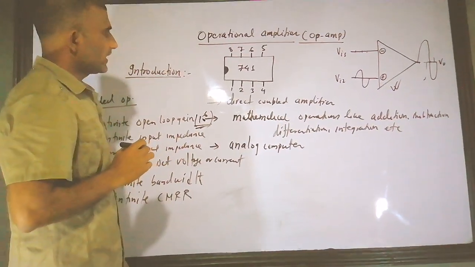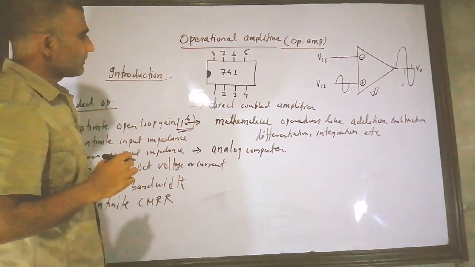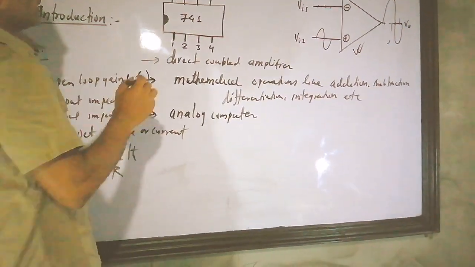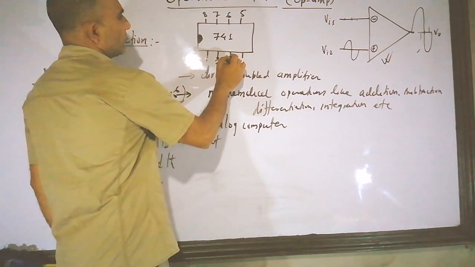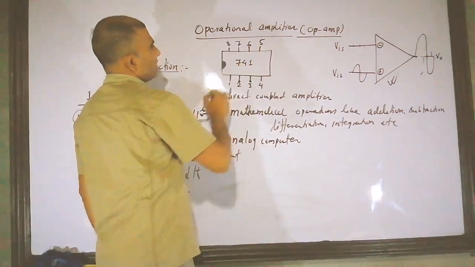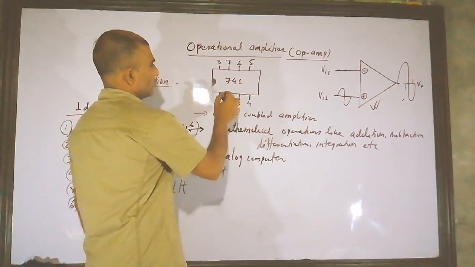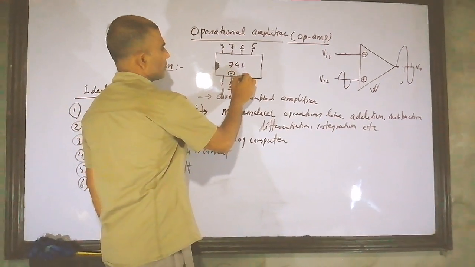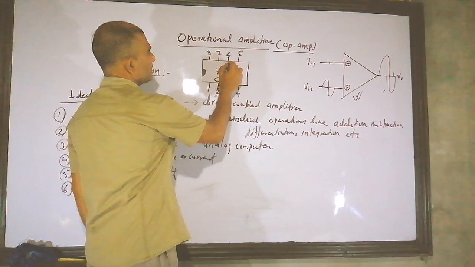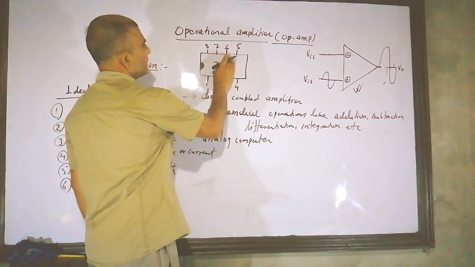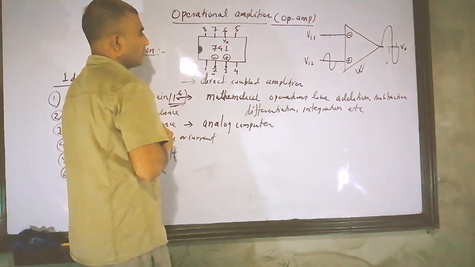These are the 8 pins of the IC, and the different pins have different functions. Here we are concerned with pin numbers 2, 3 and 6. Pin 2 is the inverting input, 3 is the non-inverting input, and 6 is our output terminal.